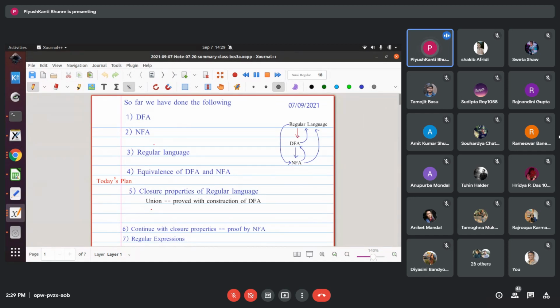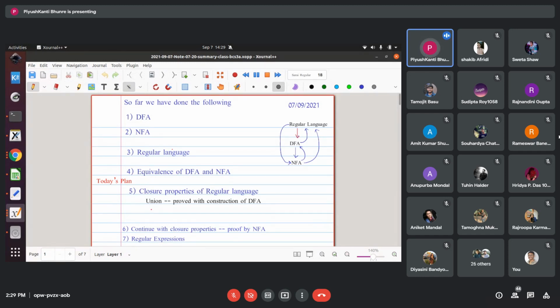A regular language is basically a set of strings over an alphabet such that those strings are recognized by a finite automata. That means given a set of strings, if there exists a finite automata that recognizes it, that means every element of it is accepted by the automata, then we call that language a regular language.